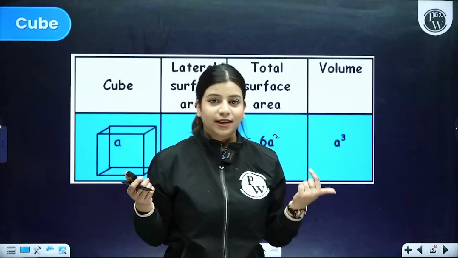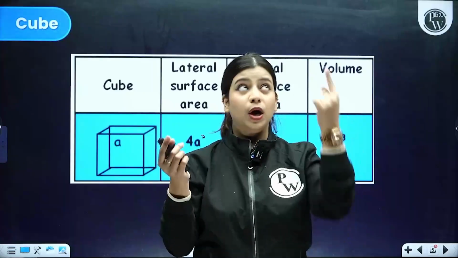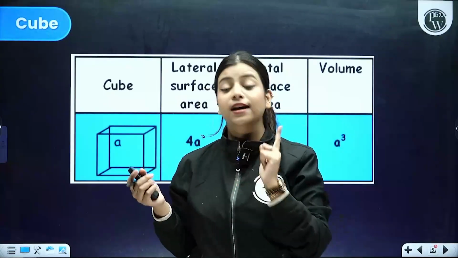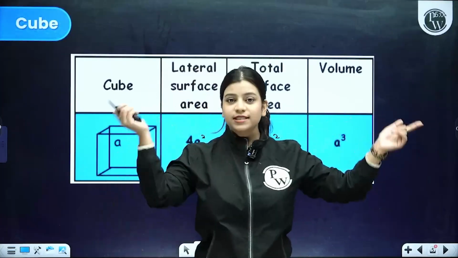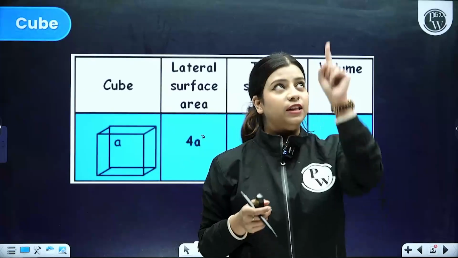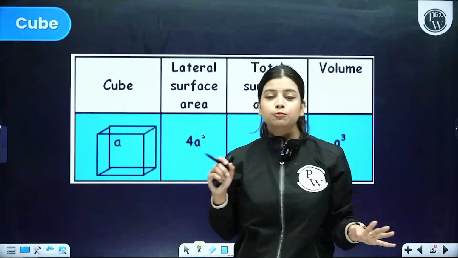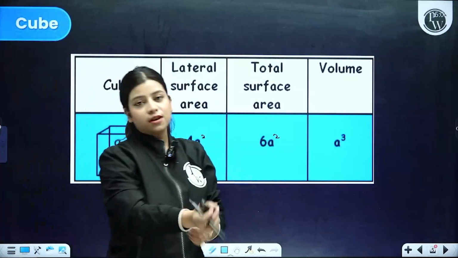So lateral surface area just means the walls surrounding me, not the upper or the lower wall, but these walls around. When I talk about total surface area, it means these four walls along with the ceiling and the floor. That means all the faces of this particular room will be considered, and that is what is known as the total surface area.